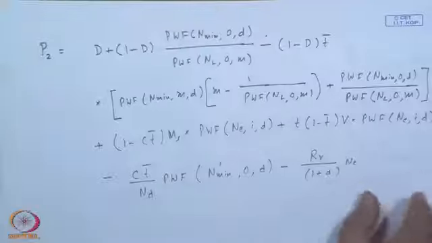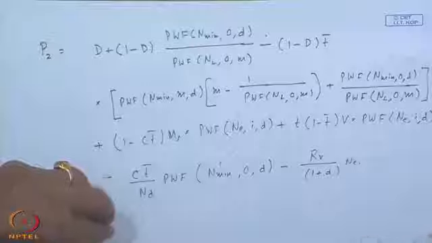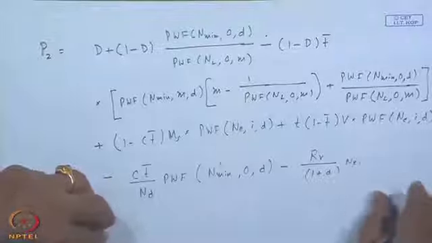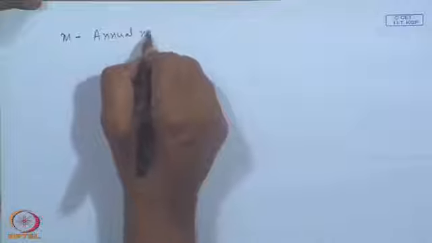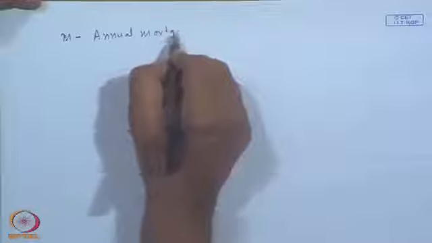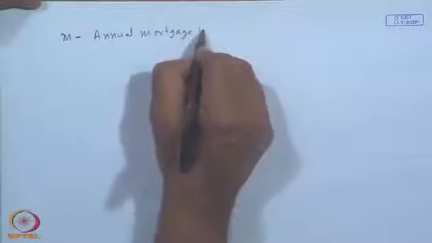So, this is a lengthy expression, and each symbol has got a meaning, has got an explanation. M, annual mortgage interest rate.